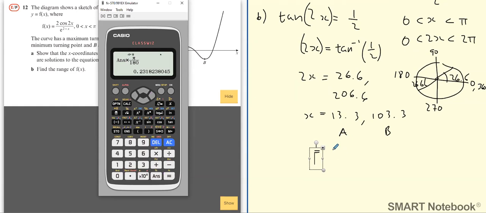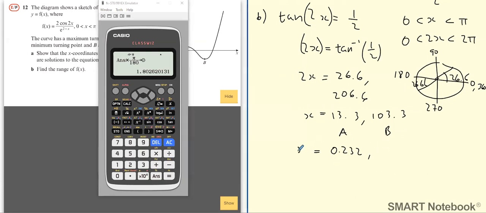So the first answer we get is 0.232, which I'm going to store in C. And then if I do alpha B, which was 206, divide that by 2, and that gives me back in my range, and then times pi over 180, and store that in D.